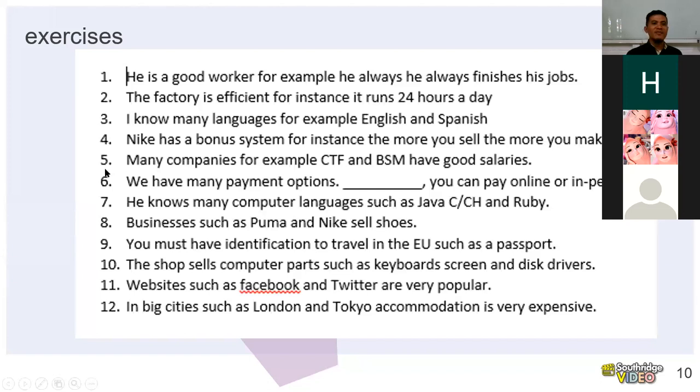And then, okay, number 5 now. Many companies, comma, for example, CTF and BSM, have good salaries. This one, comma or full stop? Comma, sir.